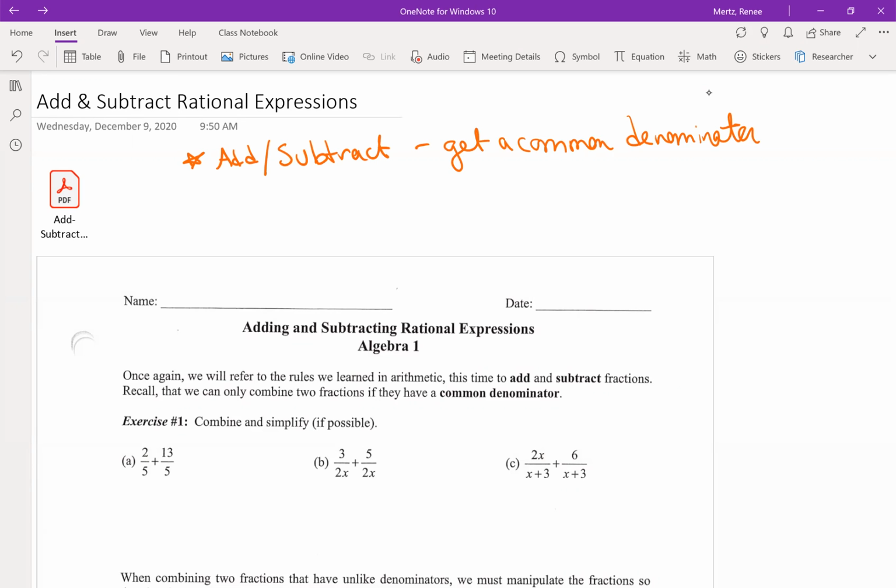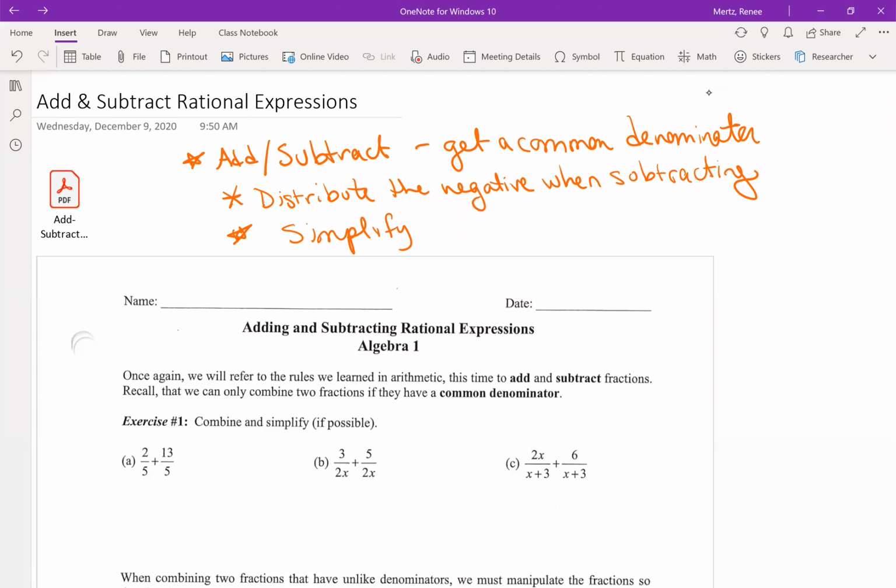When we're subtracting, we have to be very careful that we distribute the negative. And then we want to simplify at the end. So simplify if possible.